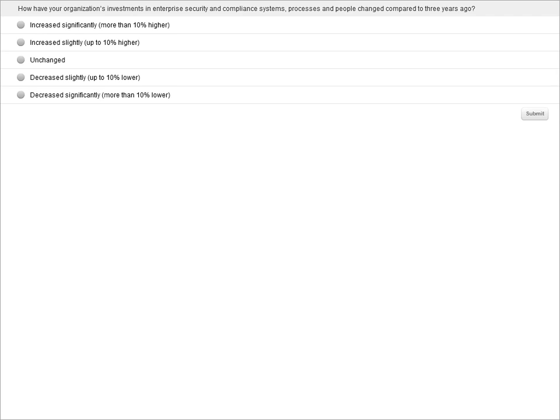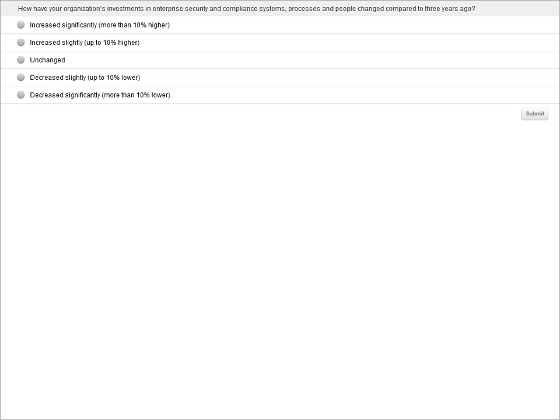We want to know, how has your organization's investments in enterprise security and compliance systems, processes, and people changed compared to 3 years ago? And we're talking about your overall organizational investments. Have they increased significantly, more than 10% higher compared to 3 years ago?